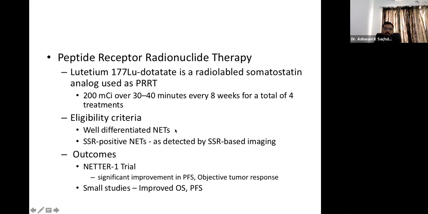Eligibility criteria: they should have a well-differentiated neuroendocrine tumor and be SSR positive, that is somatostatin receptor positive, detected with octreoscan or dotatate scan. Outcome: significant improvement in PFS and objective tumor response, and in small studies improvement in overall survival and progression-free survival also.